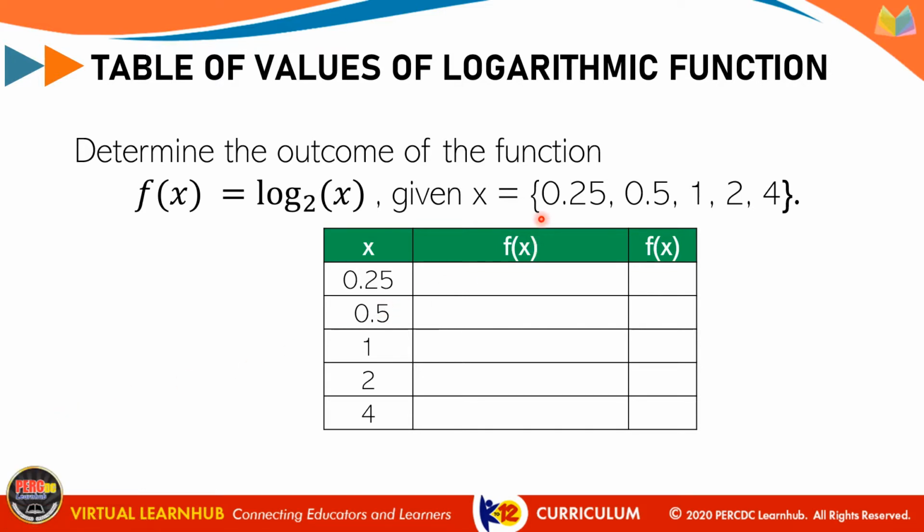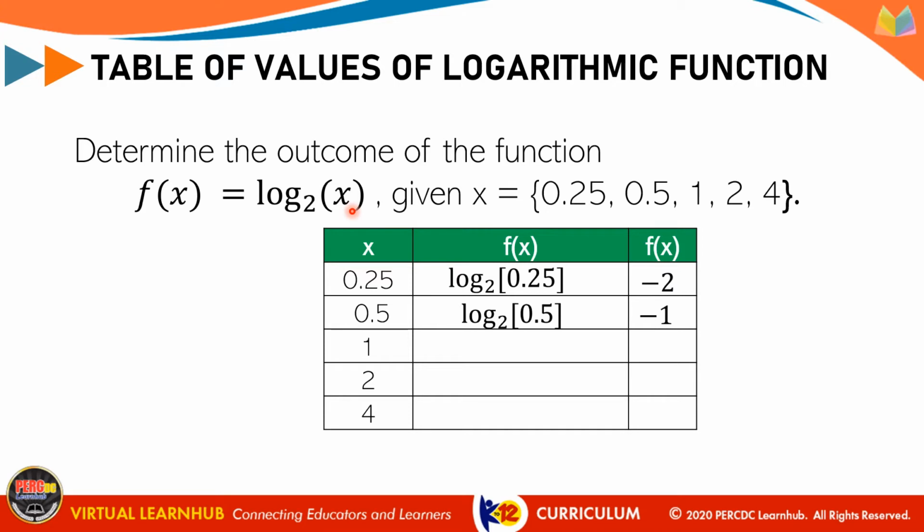Now that we are given the values of x and we are required to find the values of f of x or y, we will just substitute these x values to our function. For x equals 0.25, we will have log of 0.25 to the base 2 and that is negative 2. For x equals 0.5, log of 0.5 to the base 2 is negative 1.